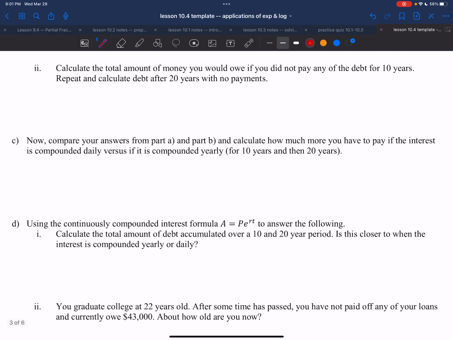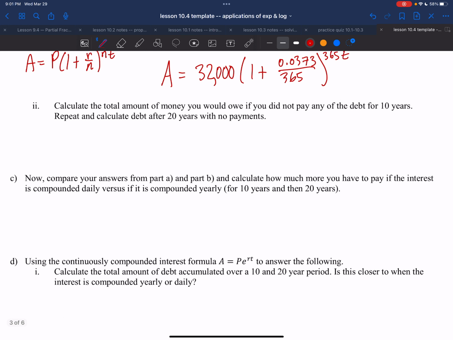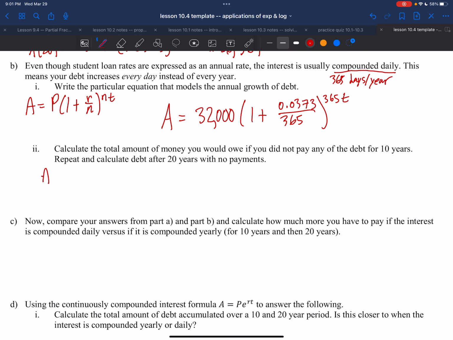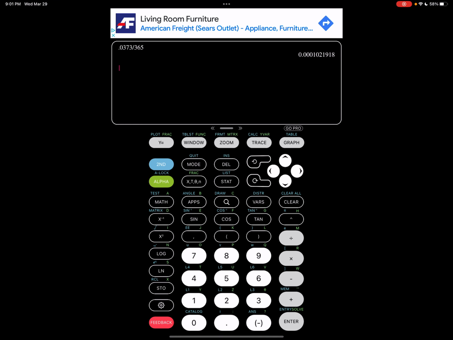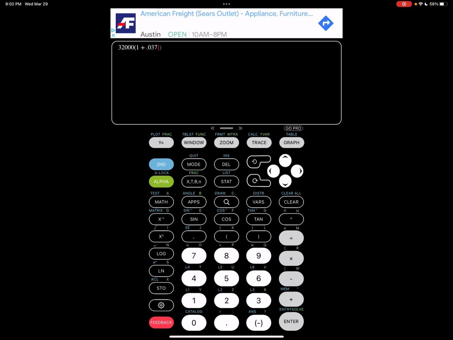Okay, part 2. Let's calculate the total money if you... Oh, okay, so same thing, right? A of 10 and A of 20. Same story, no different. And you're just going to use this. So we'll come over here and say 32,000 times 1 plus 0.0373 divided by 365, to the power of 365 times 10.